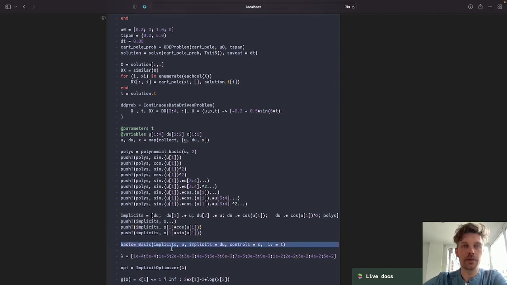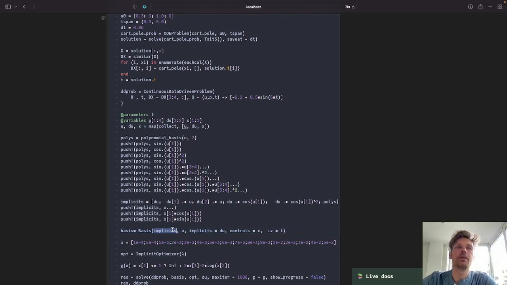And now we derive our basis, include all the implicit equations we defined earlier, the states, and add some implicit states. This tells the algorithm to dispatch on SINDy how to handle the variable selection. So all of the variables which include the implicit states here will be possible candidates for the left-hand side.